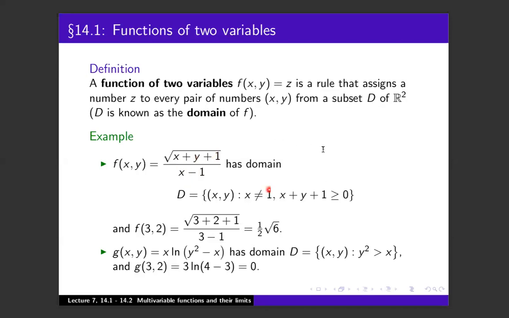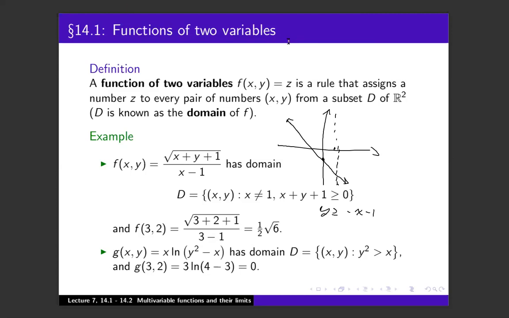If we have our xy axes, x plus y plus 1 is greater than or equal to 0, or in other words, y is greater than or equal to negative x minus 1. So here's negative 1, and here's the line y equals negative x minus 1. Meanwhile, x cannot be 1.